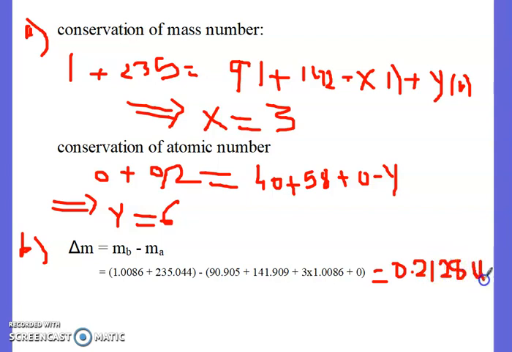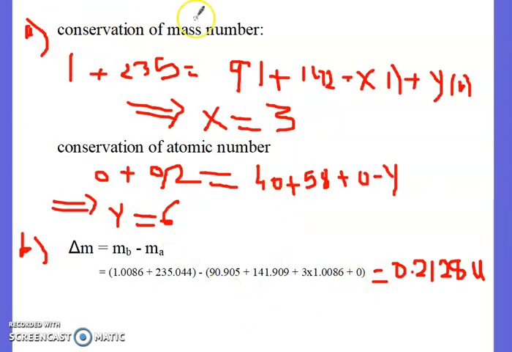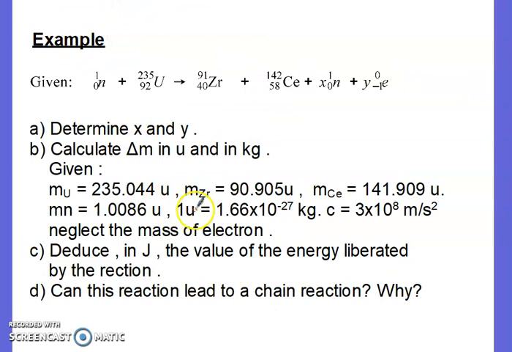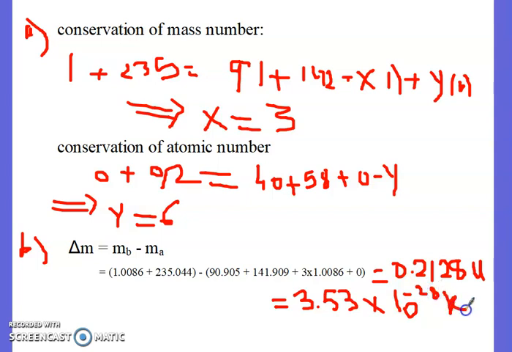The unit is u, because the masses are given here in u. Now to change it from u into kilogram, you multiply by this number, you get 3.53 times 10 to the minus 28 kilogram.